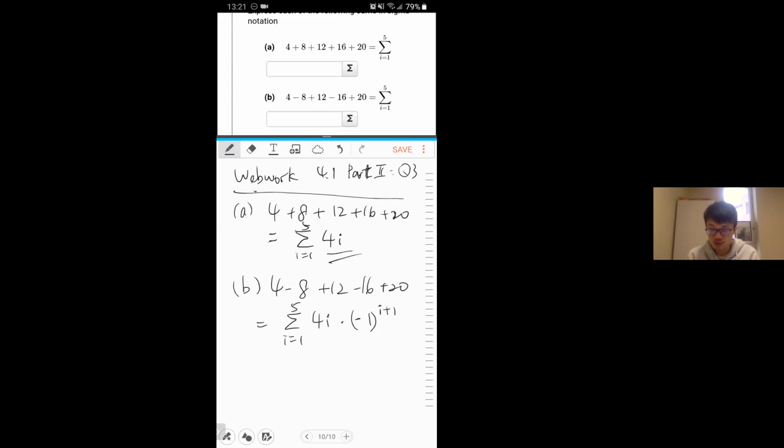So let's check why this is correct. When I equals 1, I plus 1 equals 2. Negative 1 to the second is positive 1. So 4 times positive 1 is 4, which is correct. Does it make sense?